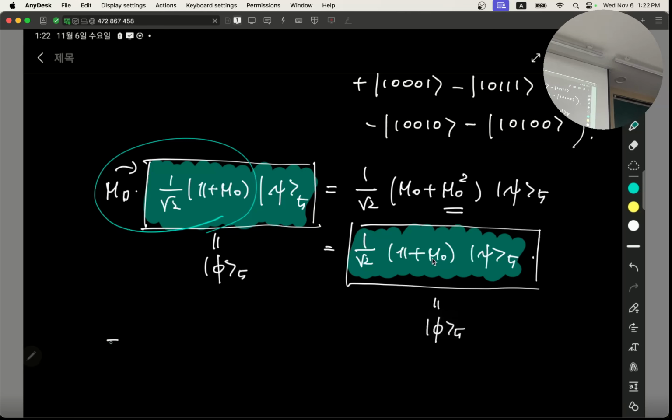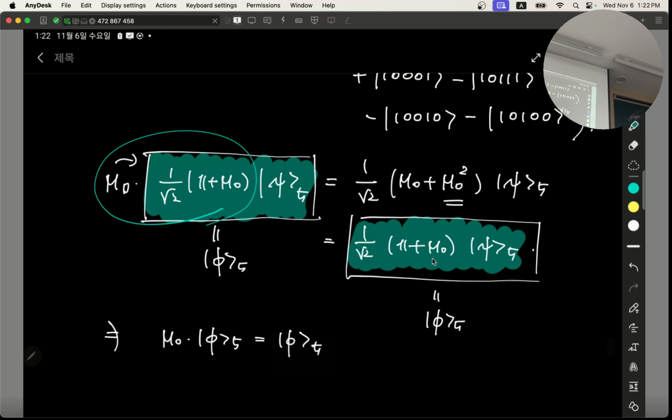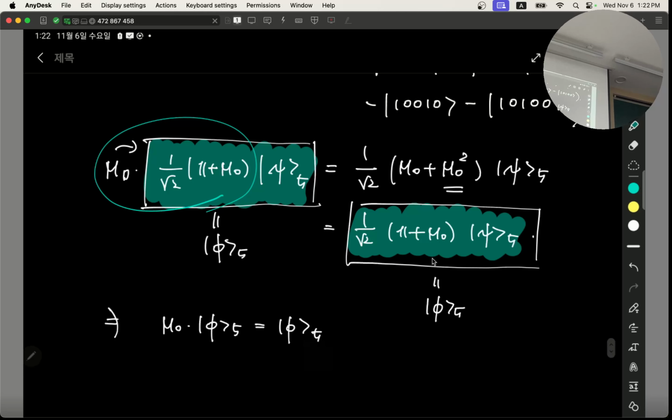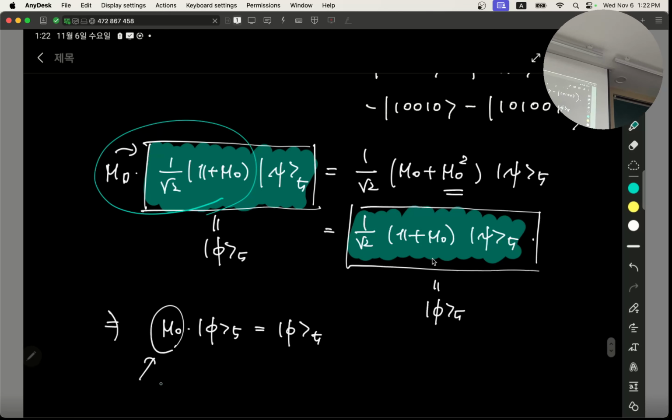Then it means that M0 times phi equals phi, right? So what do you call that kind of situation? So M0 is simply a matrix and phi is a vector. And when you apply the matrix to a vector to get some scalar multiple of the same vector, it's the eigenvector. So we call this eigenstate.